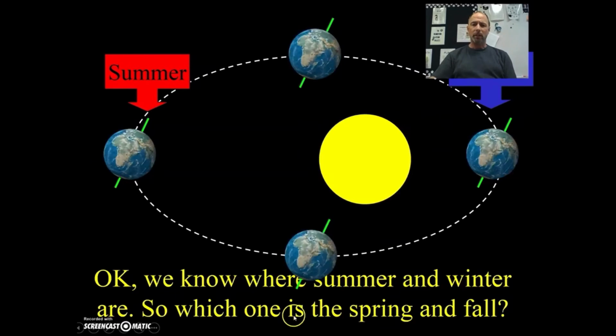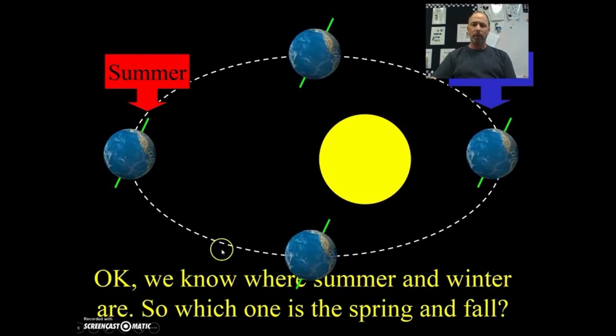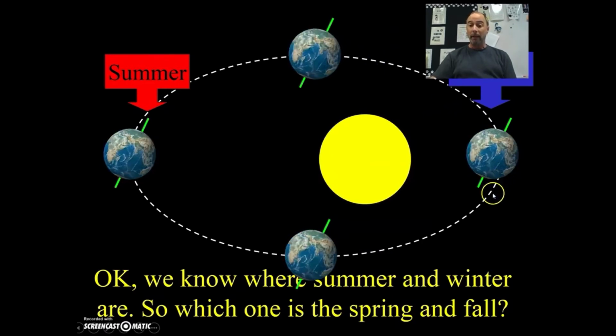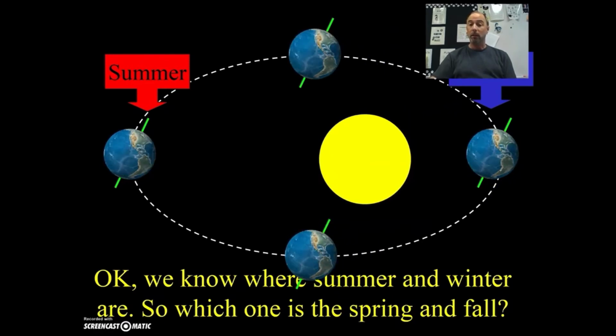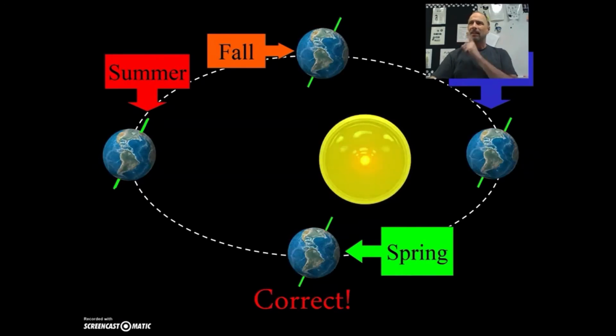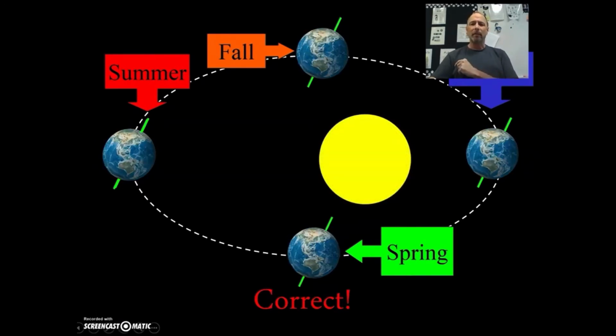Which one of these is spring if it's going this way around? So what comes in between summer and winter? So this must be the fall. And this one must be the spring, right? Correct. You're pretty smart. See, we are that good.